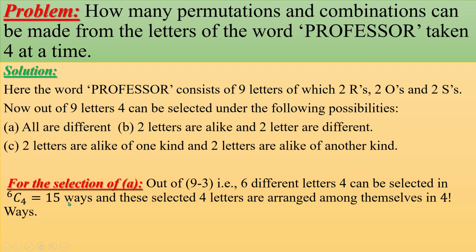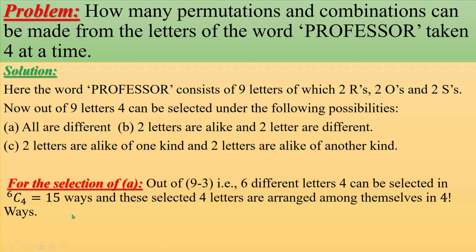This is equal to 15. And these selected 4 letters are arranged among themselves in 4 factorial ways, which is 24, and we know a relation.